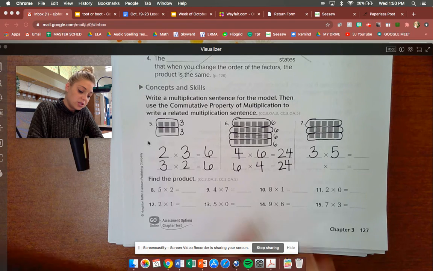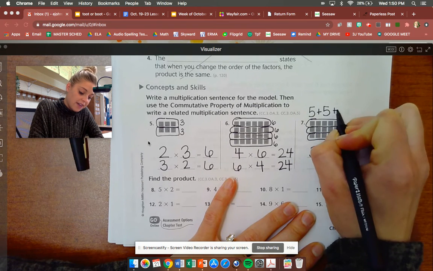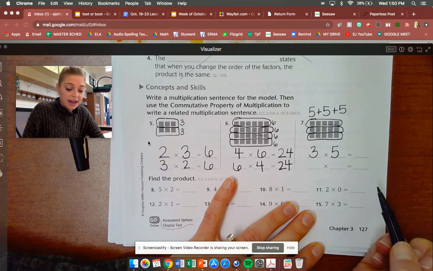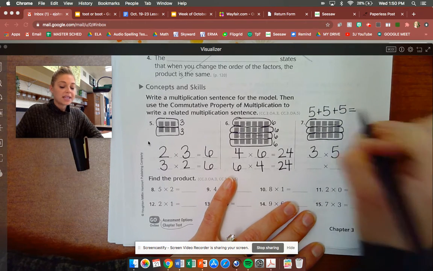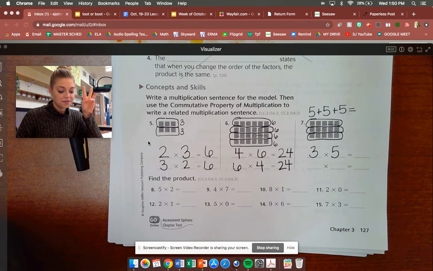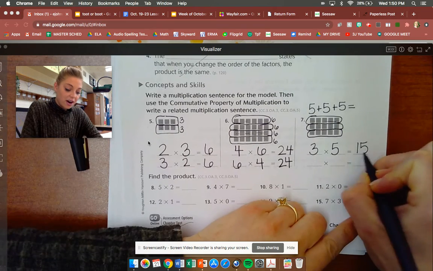For this, I would do 5 plus 5 plus 5, right? Because we have 3 groups of 5, so we have to add 5 3 times. And you can also skip count by 5s and go 5, 10, 15. So we know that 15 is how many there are in all.